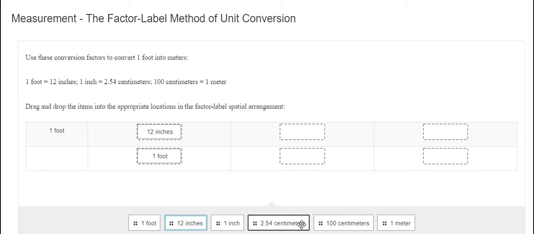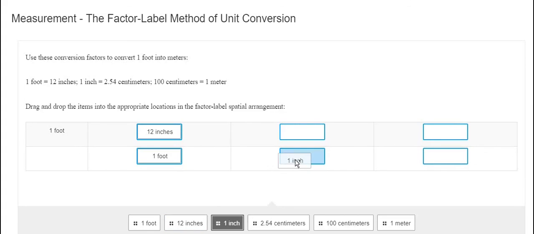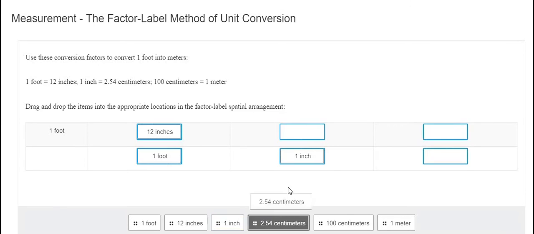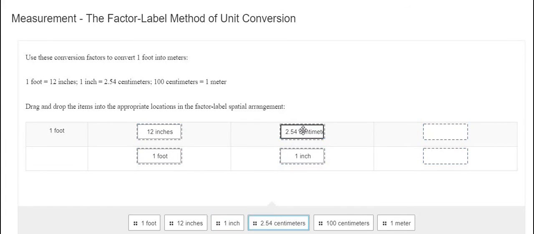Now we have inches. And now we know also that, and you guys should know this, I mentioned it several times, 1 inch is the same thing as 2.54 centimeters. So now the inches will cancel and we're left with centimeters. So far in our unit chain, we've converted feet into inches, and then we've converted inches into centimeters. And now we're going to convert centimeters into meters.